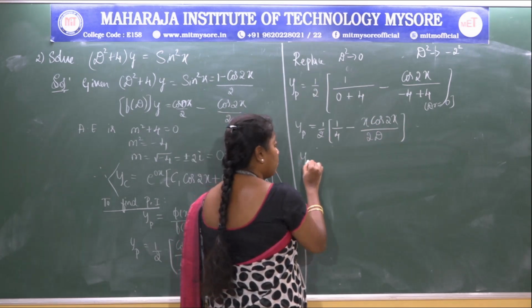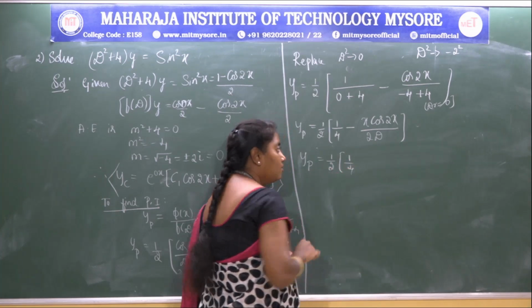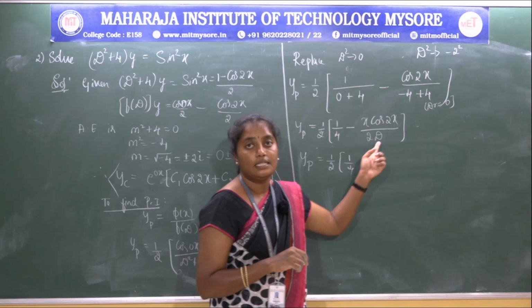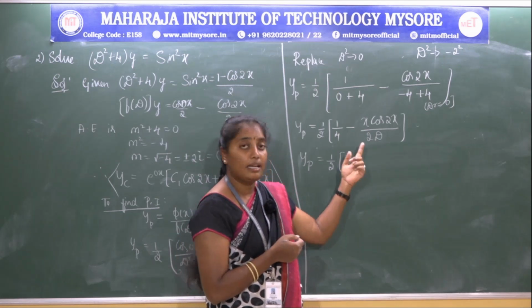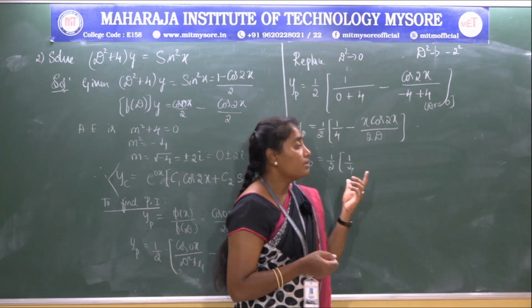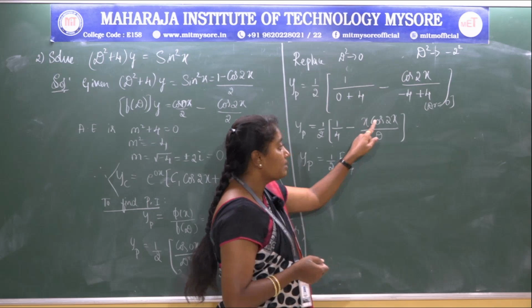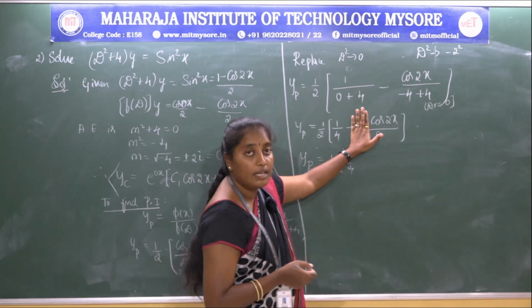In the next step, yp is equal to 1 by 2 divided by 1 by 4. Since a D term exists here, we would multiply and divide by its conjugate, that is minus 2D, or in this particular problem we can solve it in a simple way, that is x cos 2x divided by 2D, that is 1 by D we have here.